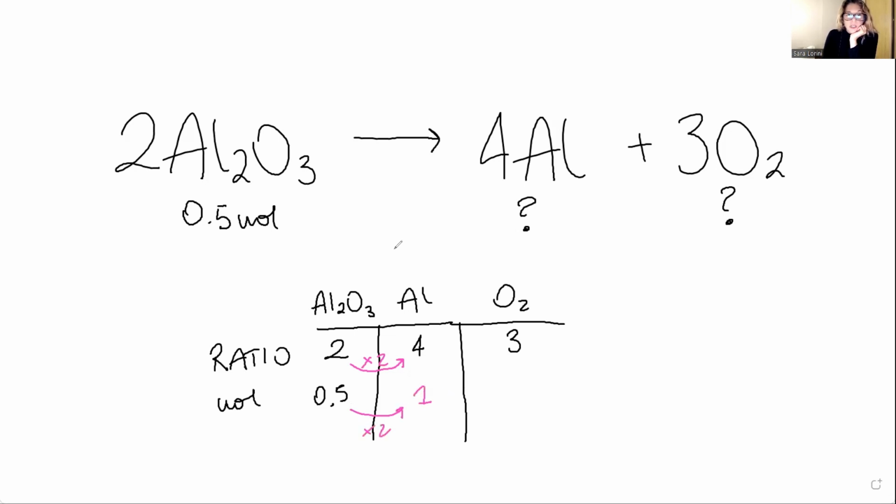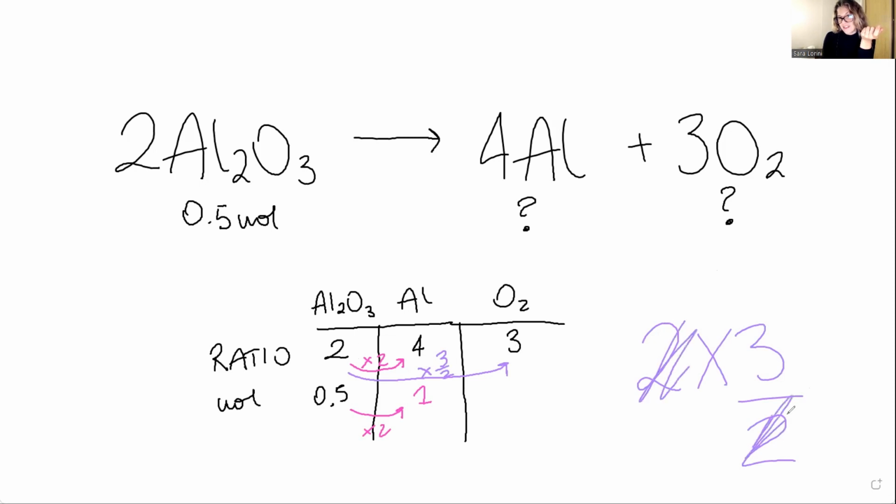And then what about from 2 to 3? We need to think about how we convert 2 into 3. The easiest way is to use the reverse fraction. If we times this 2 by 3 divided by 2, we're turning 2 into 3. Think about it as a calculation: 2 times 3 over 2. What do we get? We get the 3.